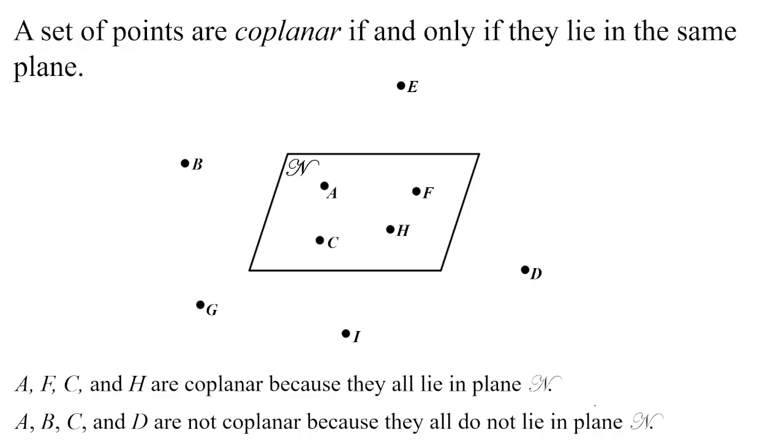A and C are on the plane, whereas B and D are not on the plane. Therefore, A, B, C, and D are not coplanar because they do not all lie in plane N.